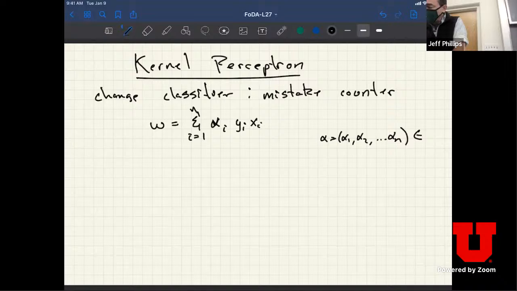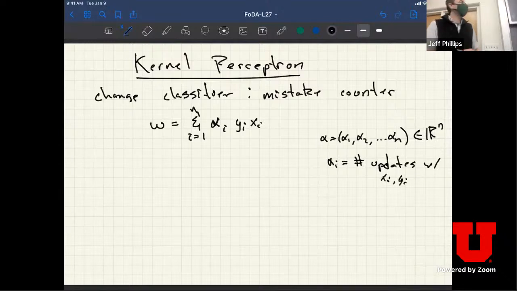This is a vector in R^n where alpha i is equal to the number of updates with xi, yi, the number of times I added yi times xi.